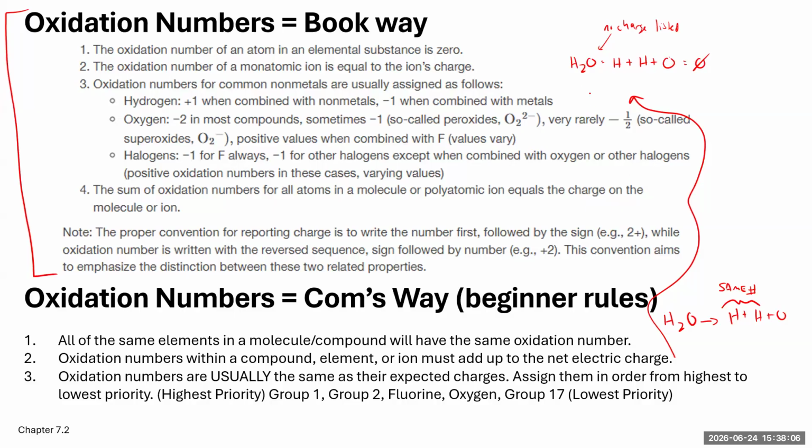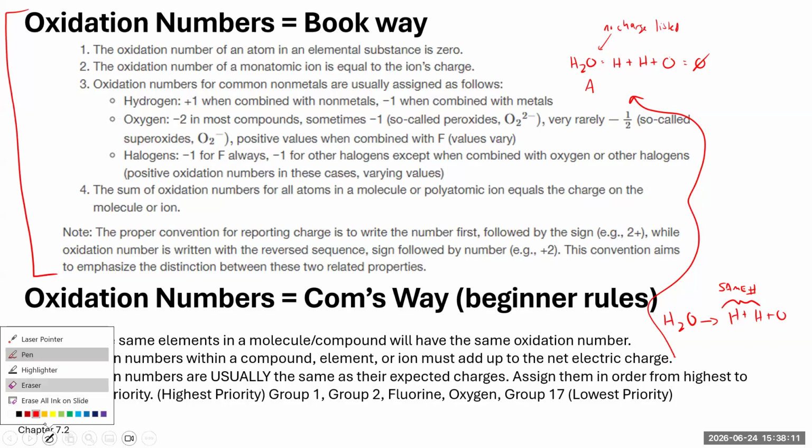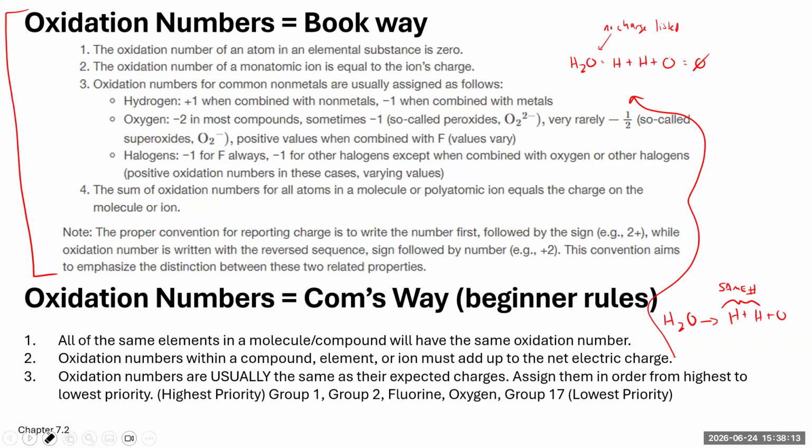Now check this out. Let's do a different one. Let's do barium 2 plus. The charge of 2. There's only one element, so barium has to equal +2. Let's do something a little funkier. This is called mercury(I), Hg2 2 plus.